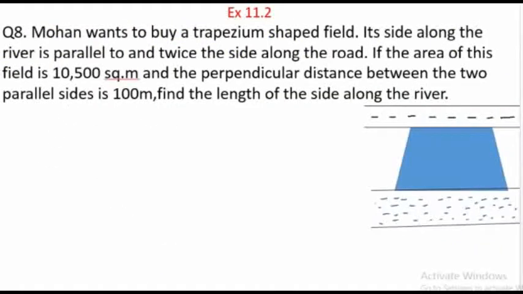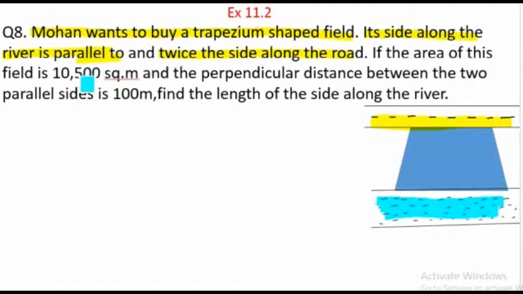Exercise 11.2, question number 8. Mohan wants to buy a trapezium shaped field. Its side along the river is parallel to and twice the side along the road. So in this plot, on one side there is a road, and on this side there is a river.